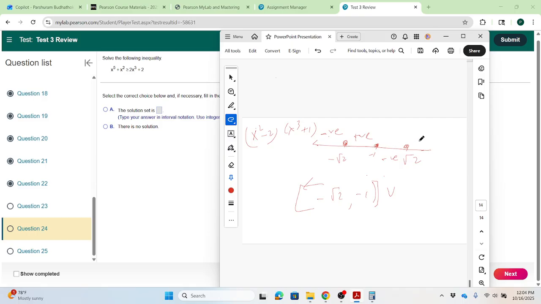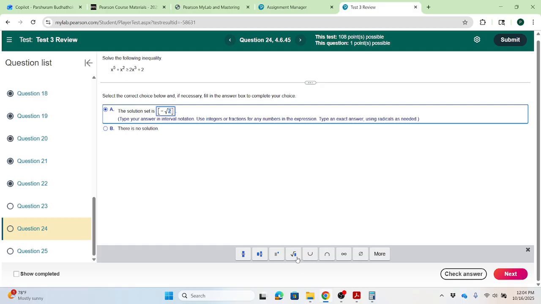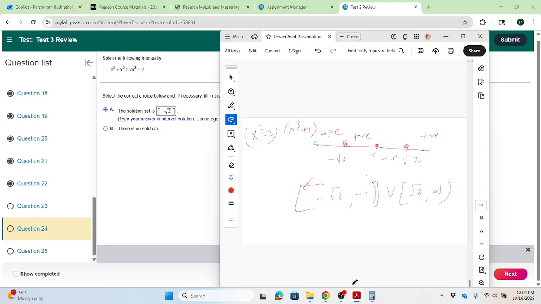From here, this is positive, this is negative, and anything to the right side is also positive. So that is starting from square root of 2 to positive infinity. So the answer is from here, negative square root of 2 comma, what is the answer?